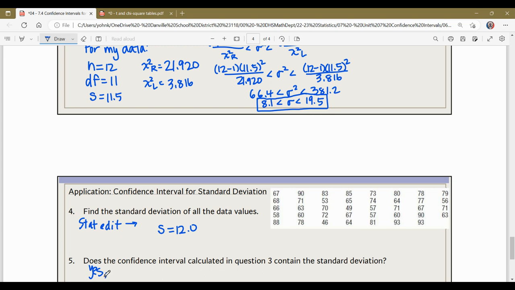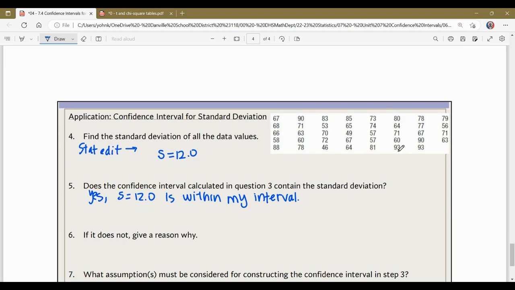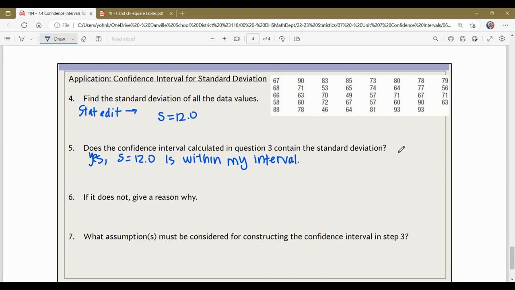So yes, 12.0 is within my interval. Isn't that cool? Hopefully all of you also have the same. If not, give a reason why.